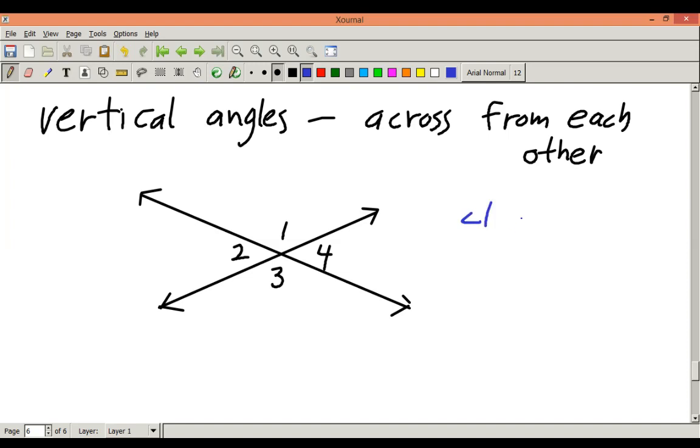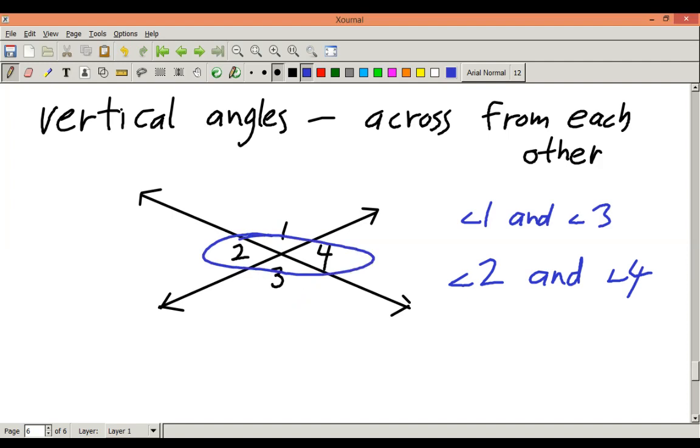Angle 1 and angle 3 are vertical angles. You can see right here, they're right across from each other when 2 lines intersect. And then another pair of vertical angles is angle 2 and angle 4. You see right there that they're right across from each other. So those are vertical angles.